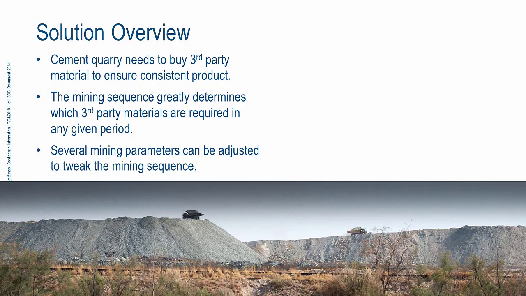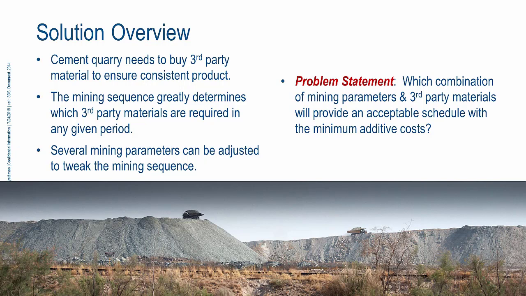So the problem then becomes this: which combination of mining parameters and third-party materials will provide an acceptable schedule with the minimum additive costs? That really is the problem that we are trying to solve.